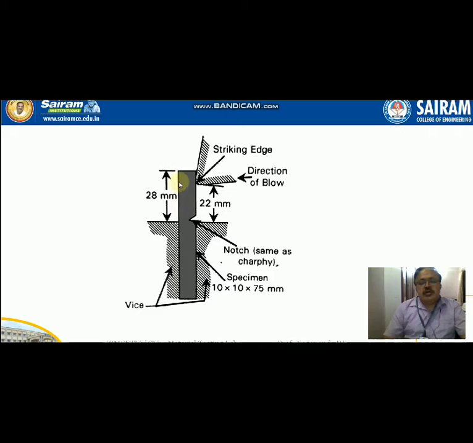Here is the figure showing how we are going to position our Izod specimen. The direction of blow is in line with the notch here. The Izod specimen is positioned as a cantilever with the bottom end fixed, and we don't have any support at the top end.